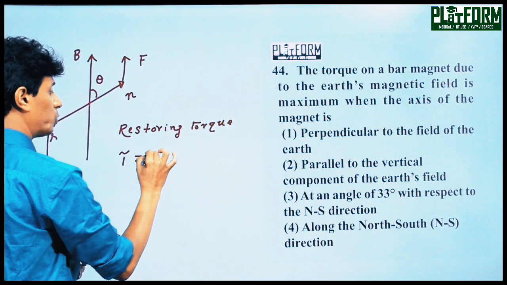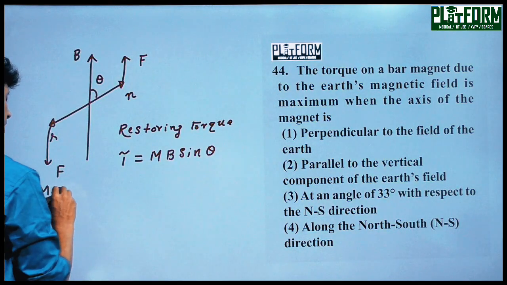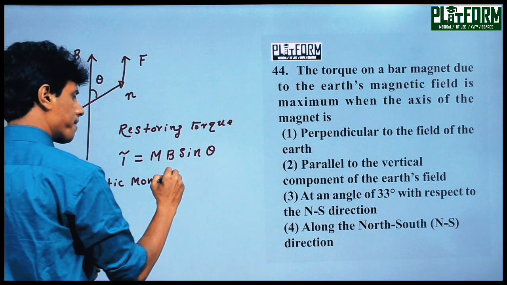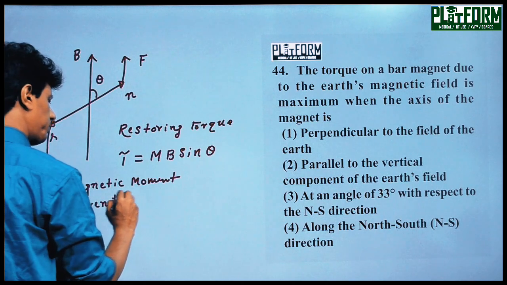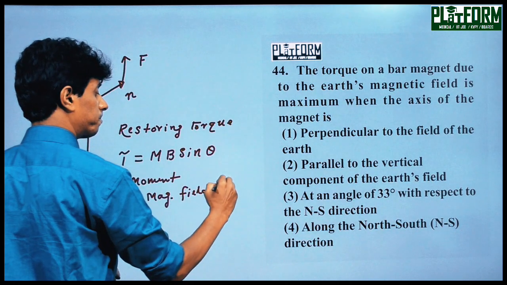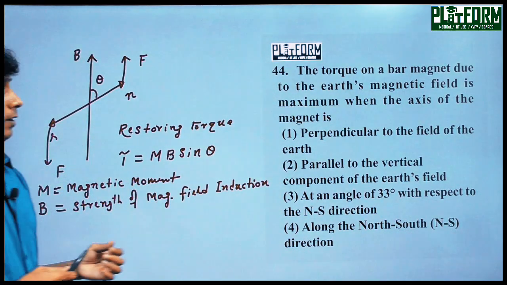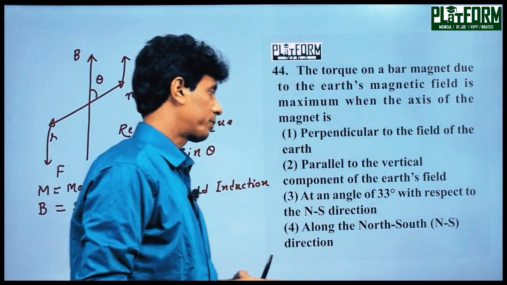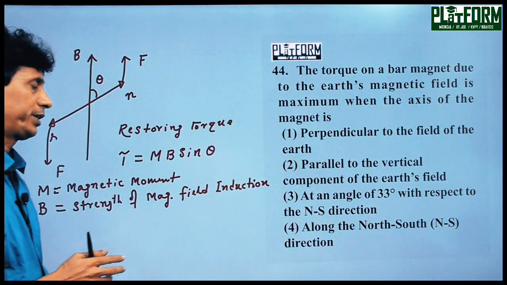We know tau equals mB sine theta, where m is the magnetic moment and B is the strength of magnetic field, the magnetic induction. The options are perpendicular to the field of the earth, parallel to the vertical component of the earth's field, and at an angle of 33 with respect to the north-south direction, along the north-south direction.